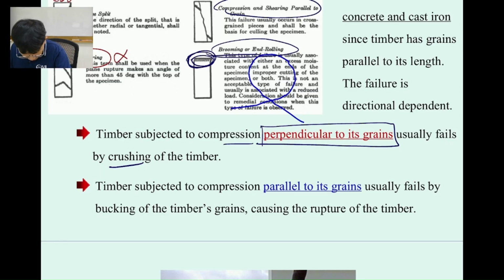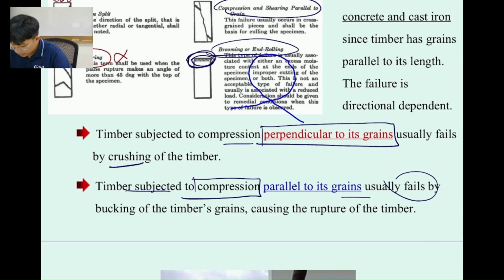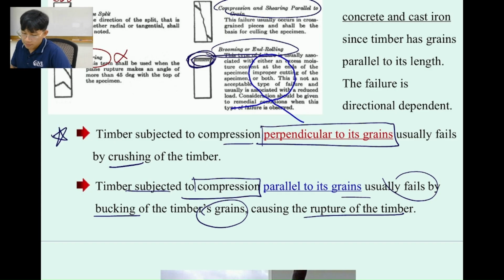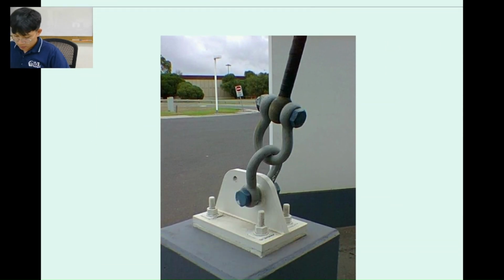And another point is when it is subject to compression parallel to its grain, it usually fails by buckling of the timber grain, causing the rupture of the timber. Okay, so this can be in the exam later. Please be noted.